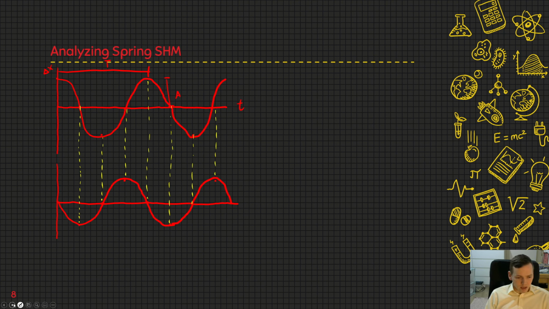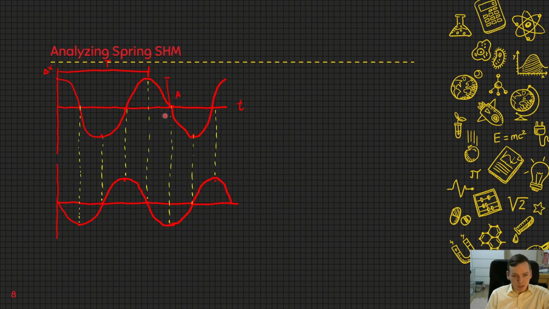So basically, every time that you have zero on our position or our displacement, that's when we have maximized velocities.